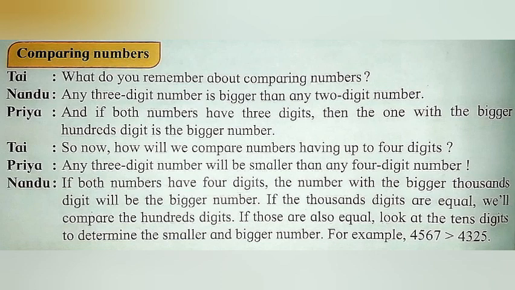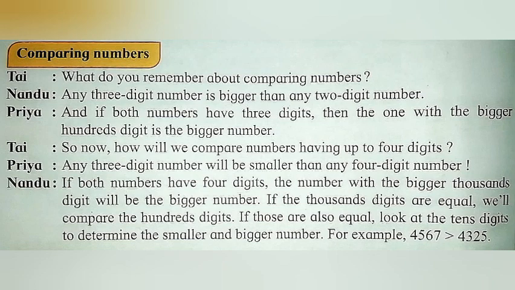For example, here they are given 4567 and 4325. Here the first place, that is thousands, is 4. Both the figures have 4 in that place.